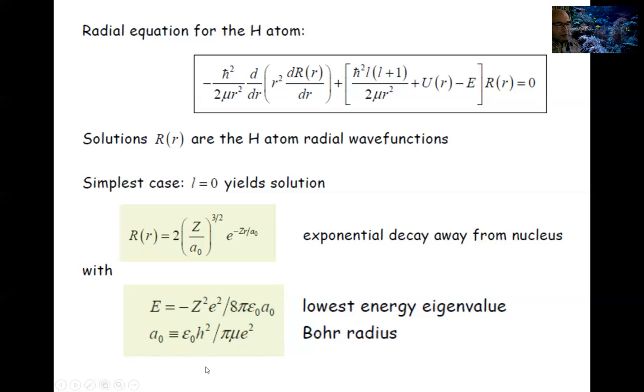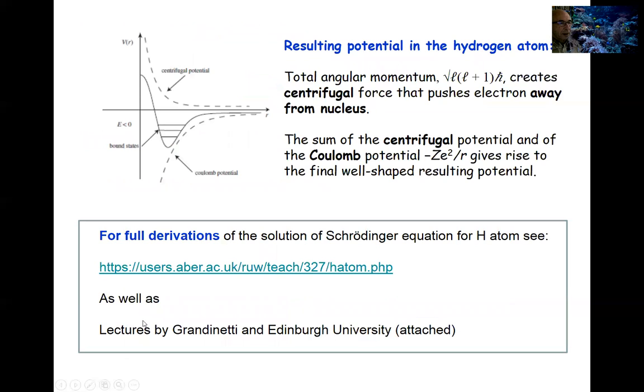Of course, this is an oversimplification, but it gives the idea of the size of a hydrogen atom. This a naught determines the most probable distance at which you can find the electron in the hydrogen atom. We'll come to that in a minute.